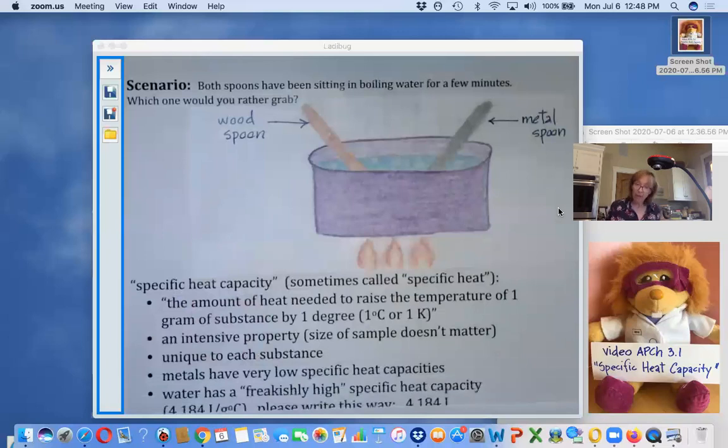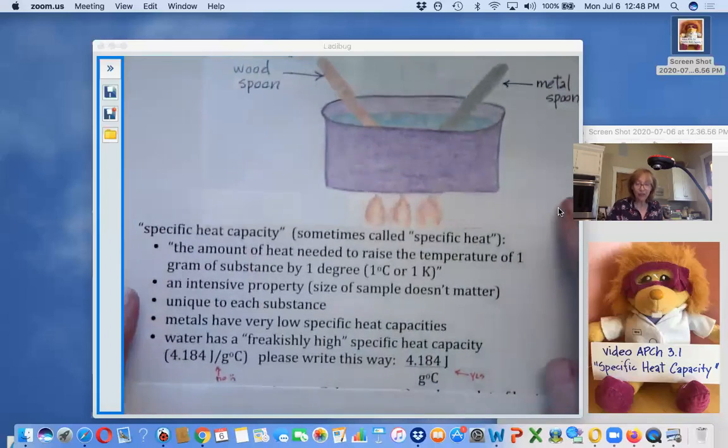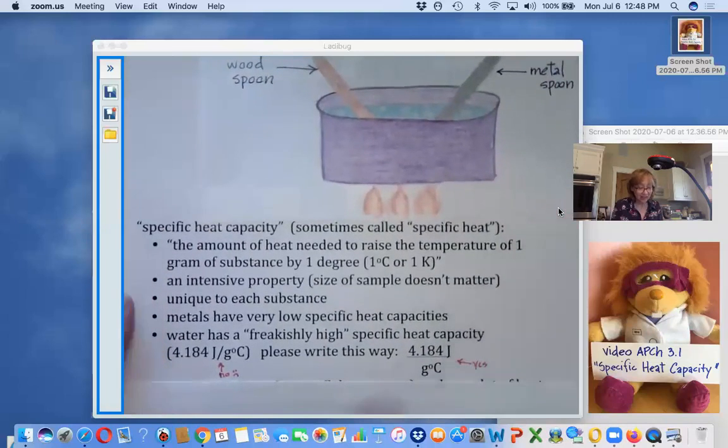Metals typically have very low specific heat capacities, and then water has, I always call it a freakishly high specific heat capacity. It has just about the highest specific heat capacity of any other substance.